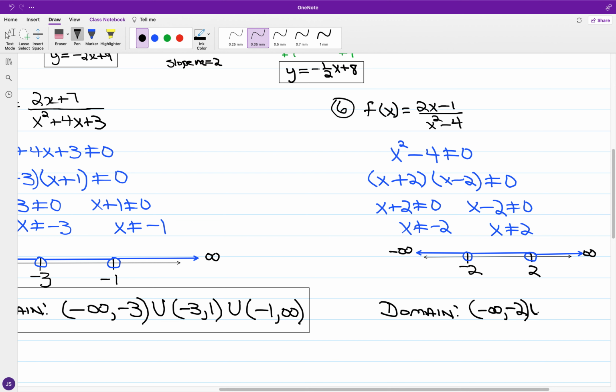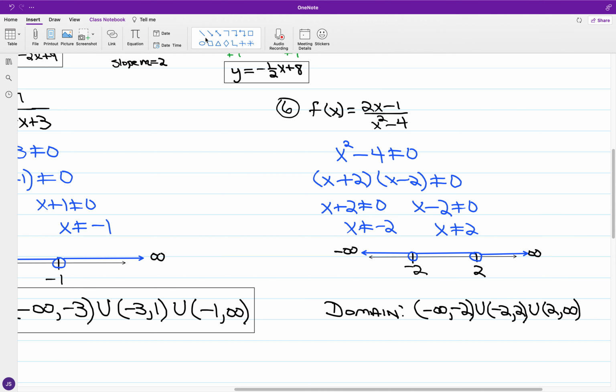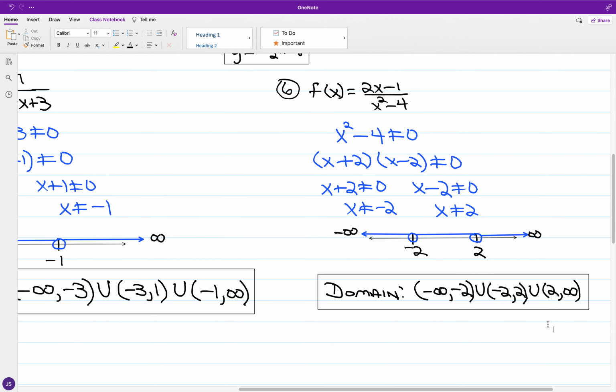Then we have bypassing negative 2, so you have parentheses around negative and positive 2. And for the rest, we have those values of x greater than 2. And the result here is the domain for problem number 6.